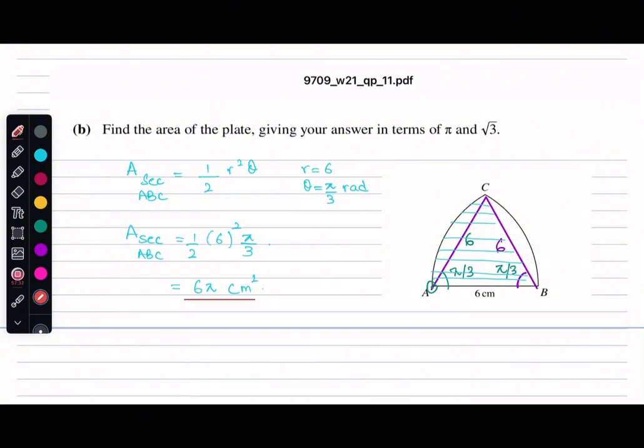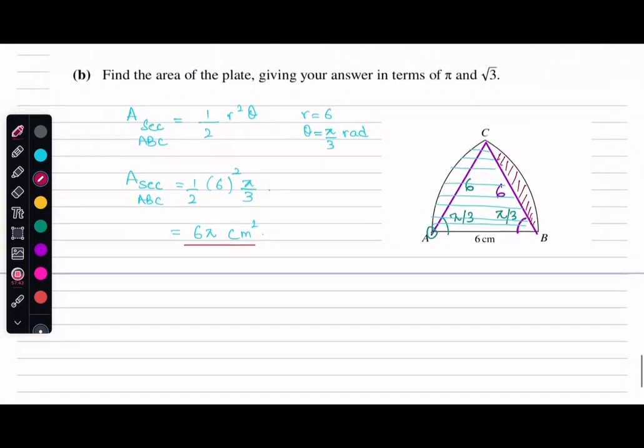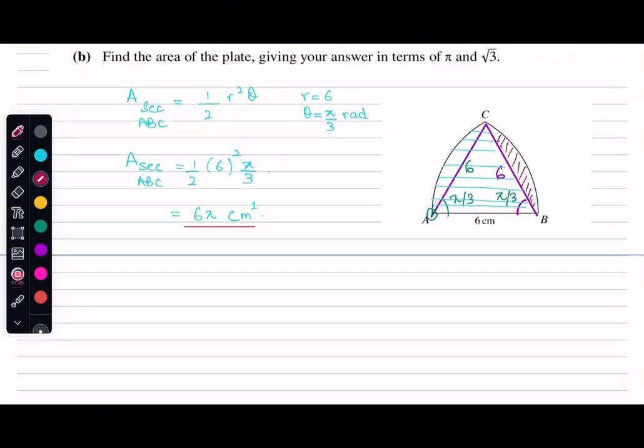Now we are left with the area, and this area then is this segment here. And to find this segment area, I should say that this area shaded in red shall be equal to area segment, and area segment then I should say is equal to area sector ABC minus area triangle ABC.